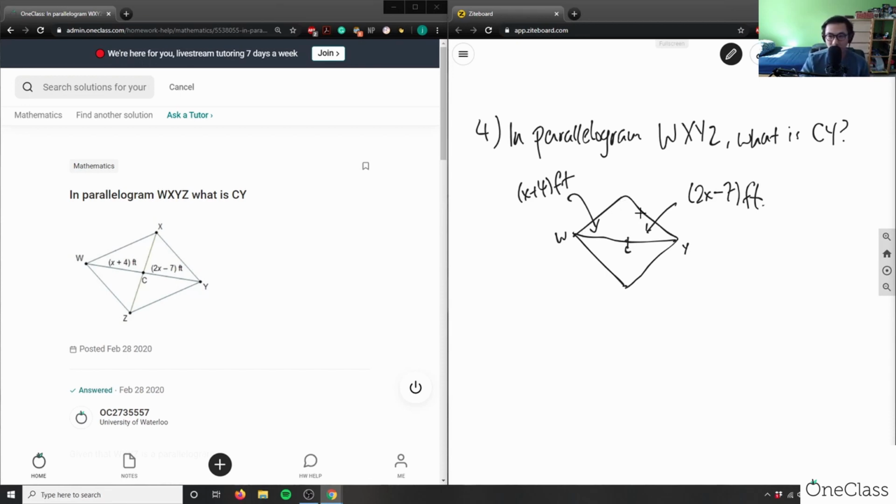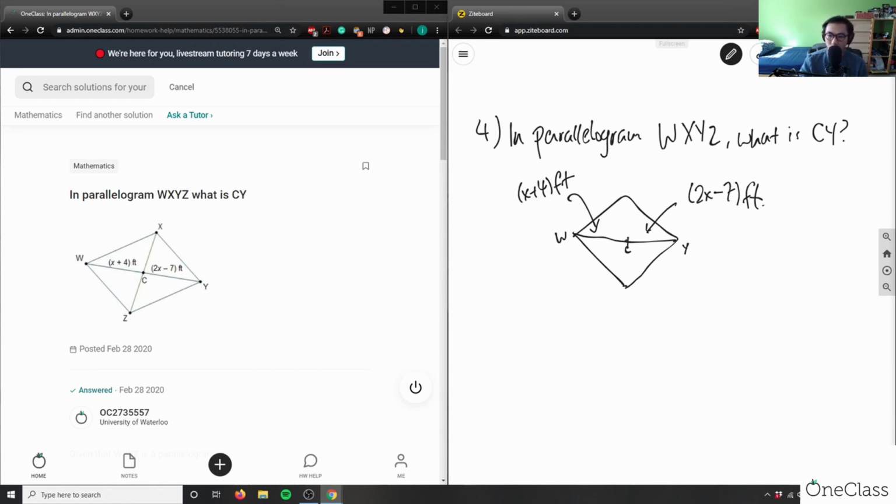If I have right angles here and here, it would be a rectangle. Opposite sides are also congruent, so they have equal length as well. The diagonals also bisect each other at this point here, at C.